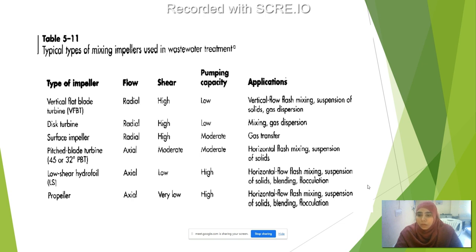Surface impellers also have radial flow and high shear and moderate pumping capacity, and application is gas transfer. And propellers are axial flow, very low shear and pumping capacity is very high, and horizontal flow, with application in flash mixing, suspension of solids, blending and flocculation.